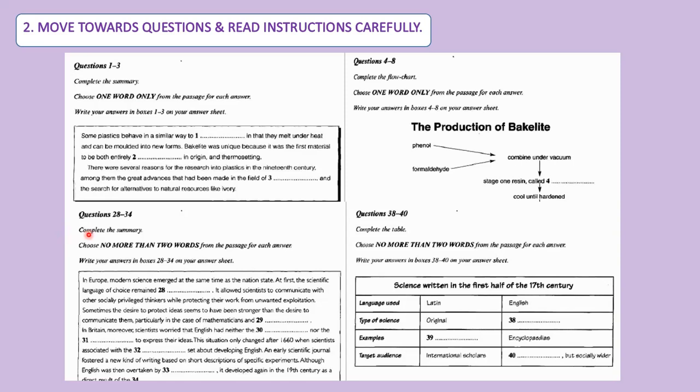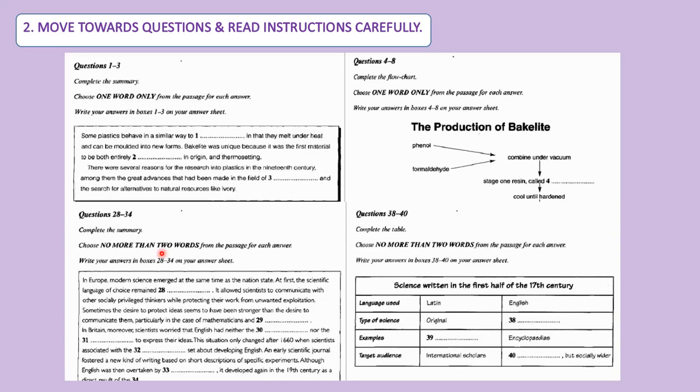Another instruction says complete the summary, and again they have given a summary, but their requirement is different. Choose no more than two words. Oops. Here they are saying I can select one word, I can select two words even. Which means the answer could be of one word, the answer could be of two words.